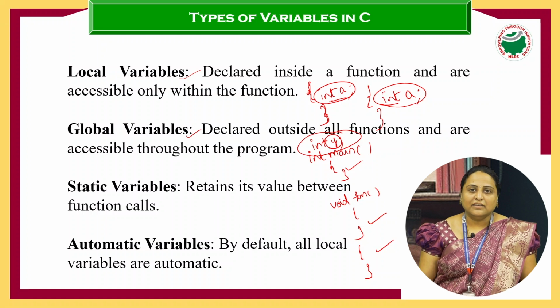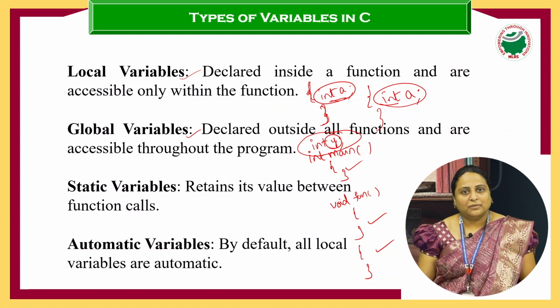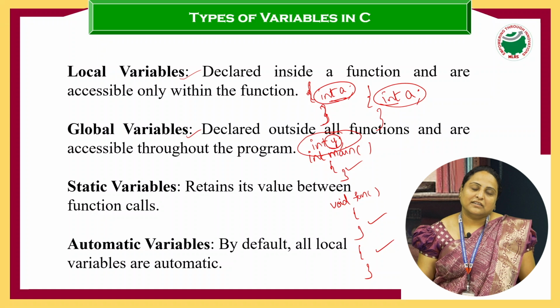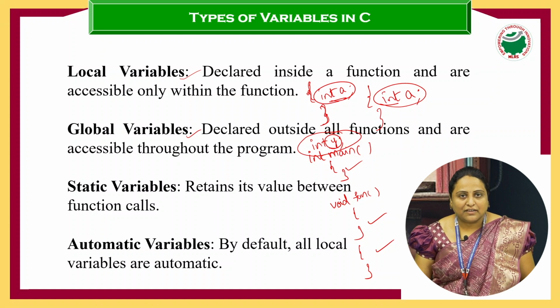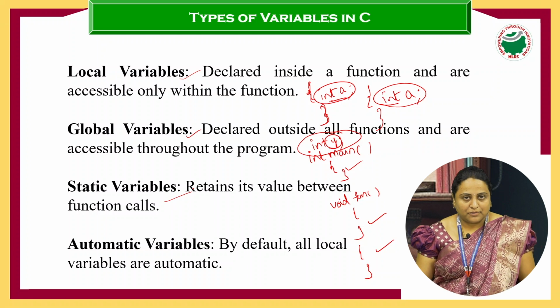Whenever you think that a particular variable is used in every block or anywhere, it is better you declare it globally. Global declaration is enough: you declare once and you can use it in any number of blocks. If you don't declare that variable globally, every time you have to declare that variable locally in each and every block. And next type of variable is static variable.